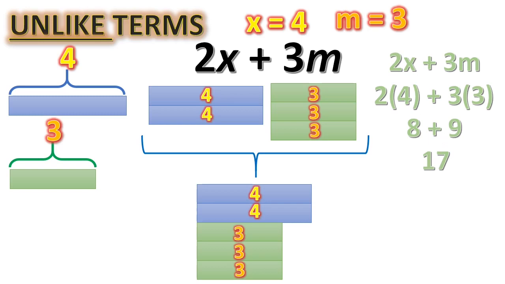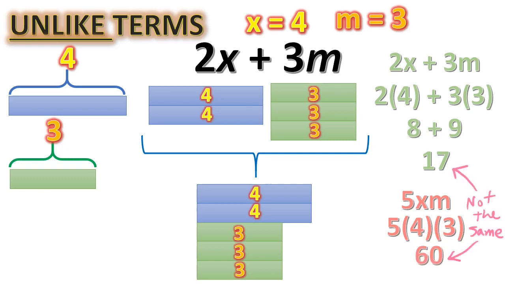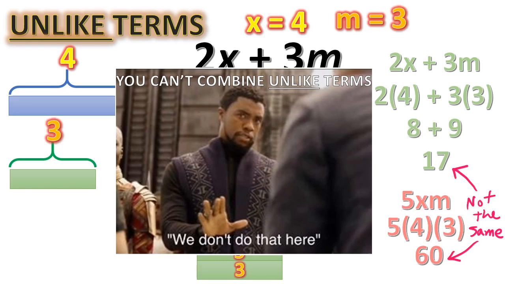So the expression's worth 17 when I evaluate it for those values. Now the bottom one, if I said, hey, this is 5xm because I combined like terms, well, they're not really like terms. And when I sub in 4 and 3 there, if I do 5 times 4 times 3, that's 60, which is not the same thing. And so that's why we don't do that here. We can't combine unlike terms.